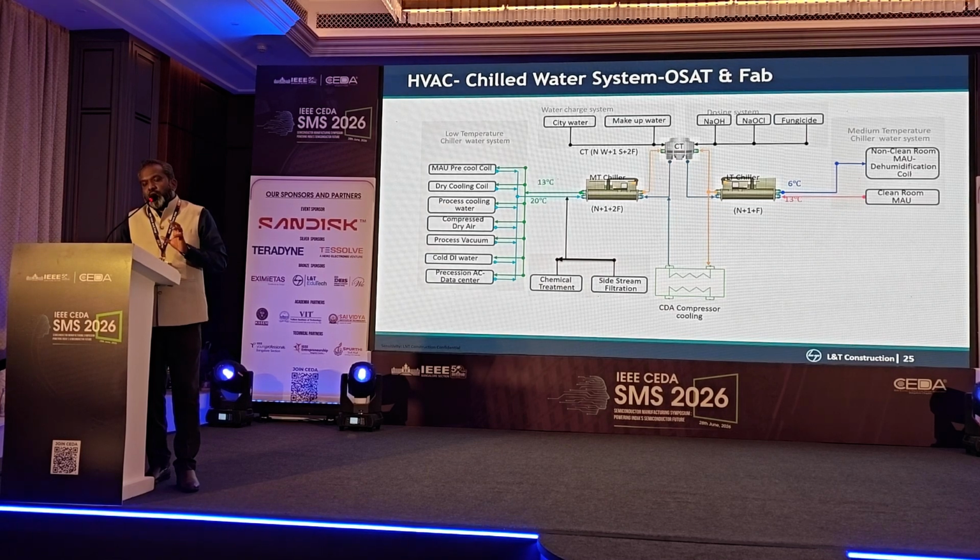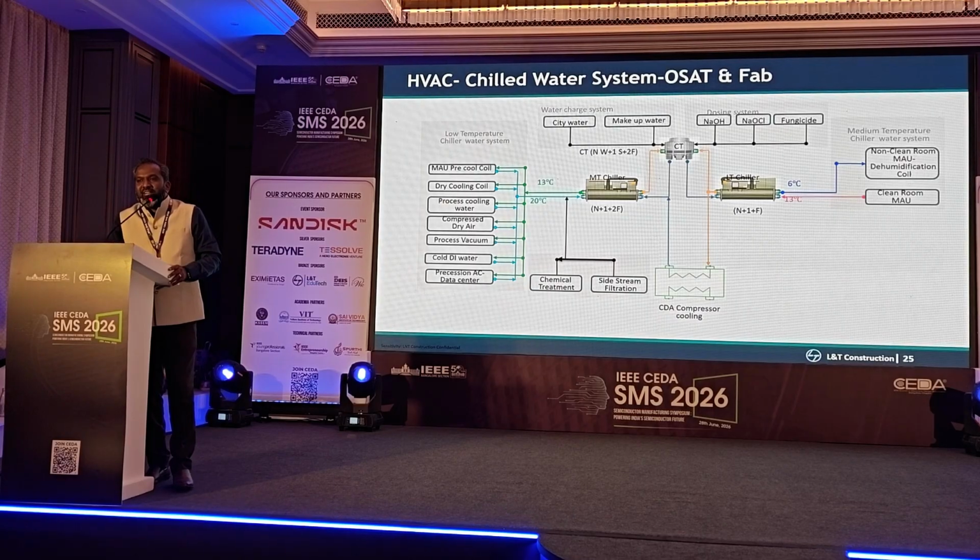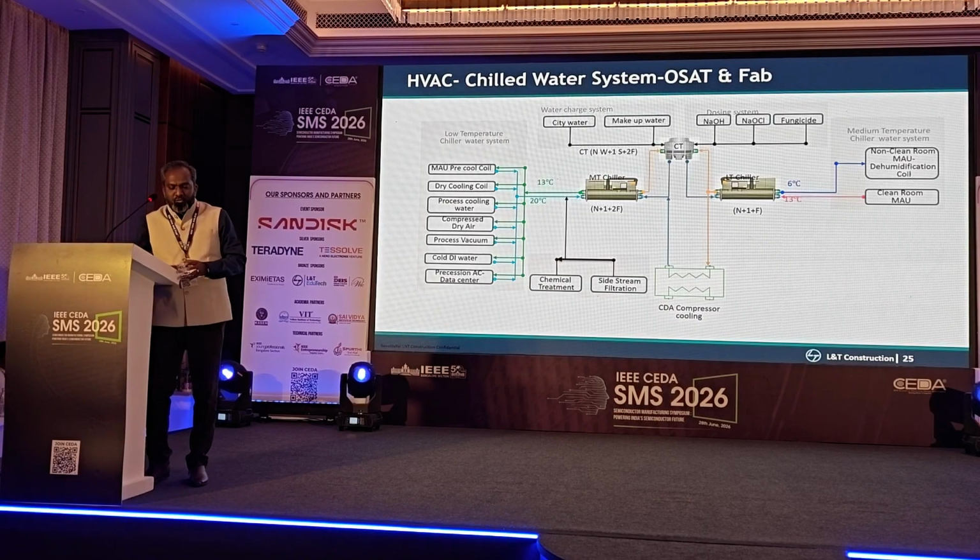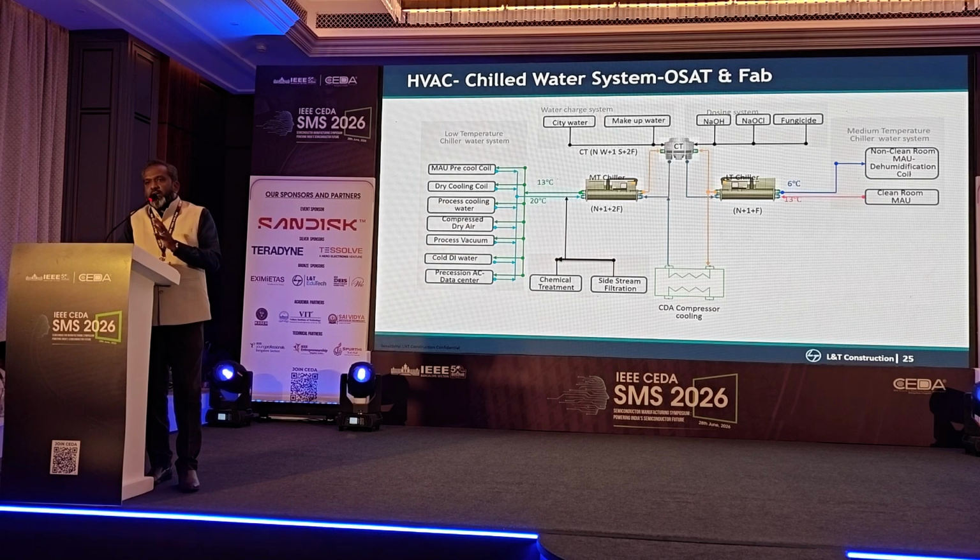And just to give you an idea, the amount of cooling in that one small building, I think that's the highest in the country. To compare it with airport cooling, it is about 10 times more than airport cooling. I'm talking about Delhi, Mumbai airport size of cooling requirement in a fab. So we have 2 different loops, a low temperature and medium temperature chiller.